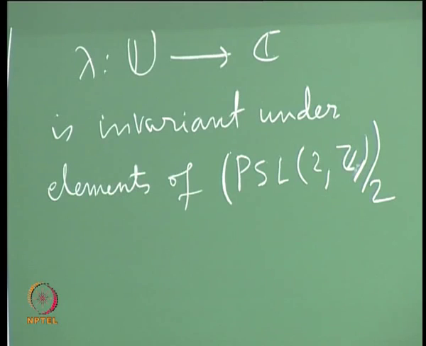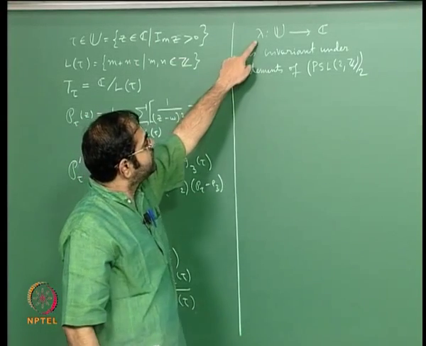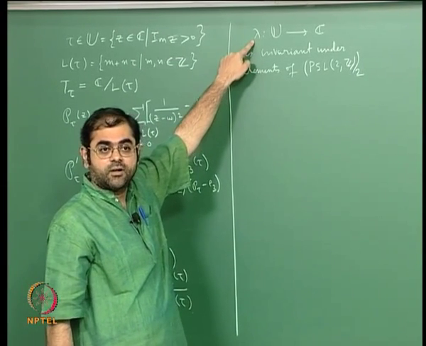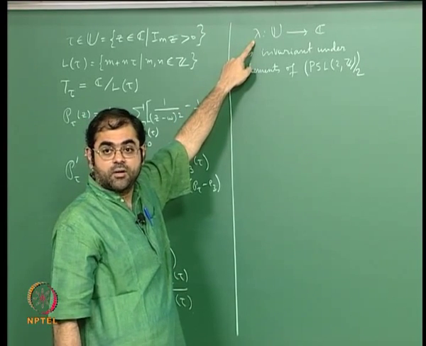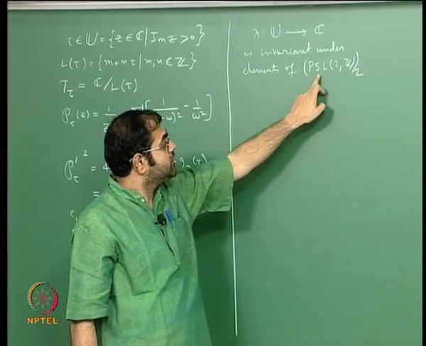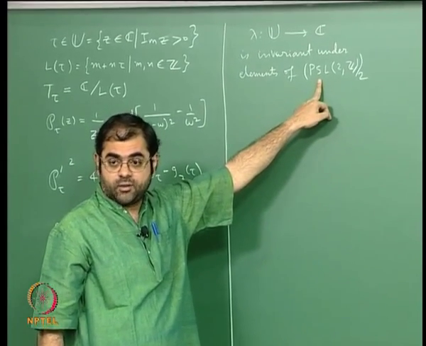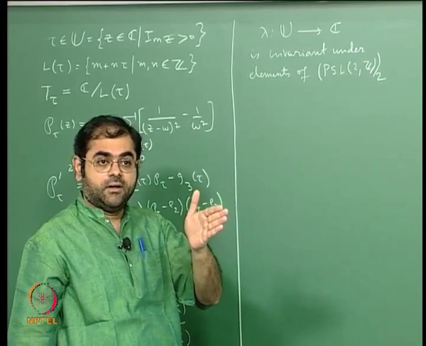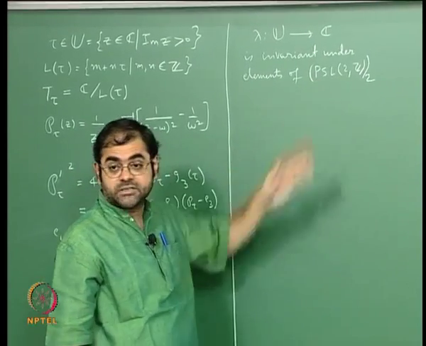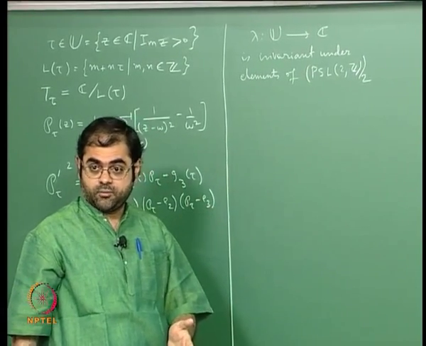So from this automorphic function, this modular form, you have to cook up a modular function which is modular for the full unimodular group, and that is the one that is going to be constant on the orbits for the action of the full unimodular group.